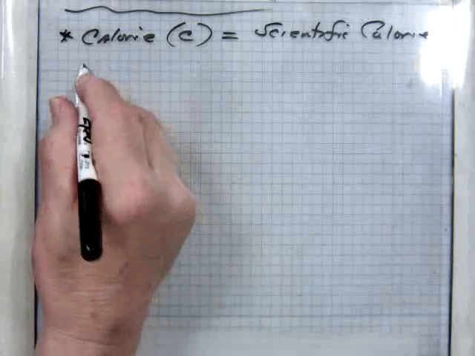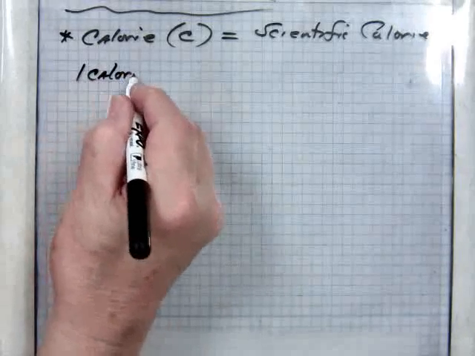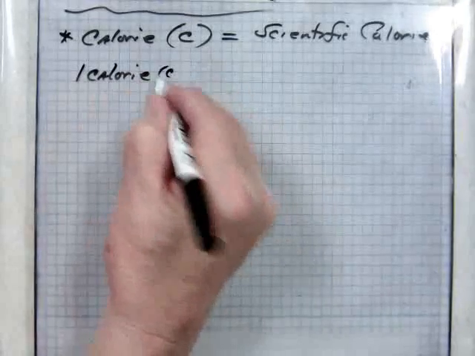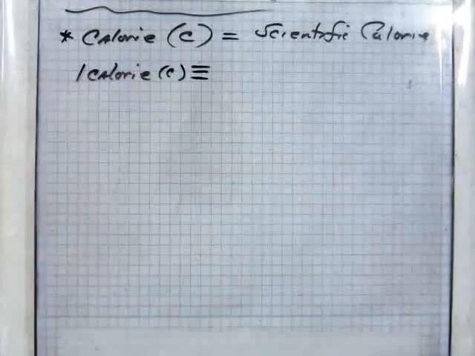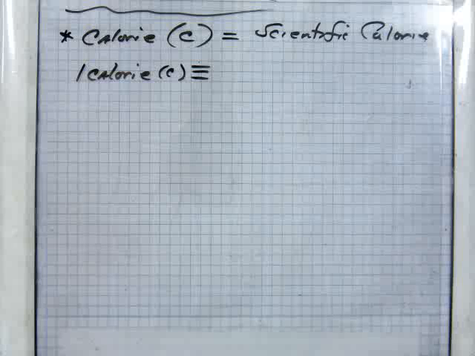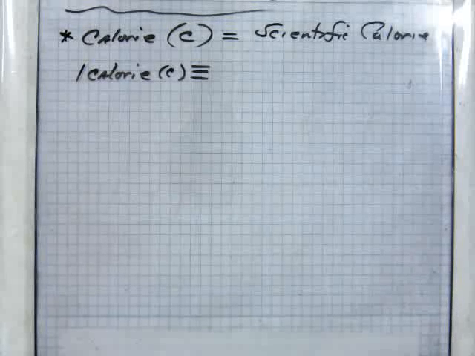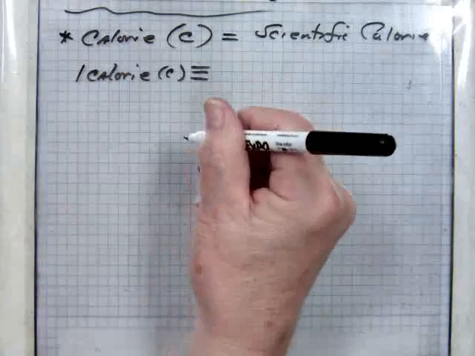The 1 calorie, by definition, established by the International Union of Pure and Applied Chemistry, standard weights and measures, is defined as the following.